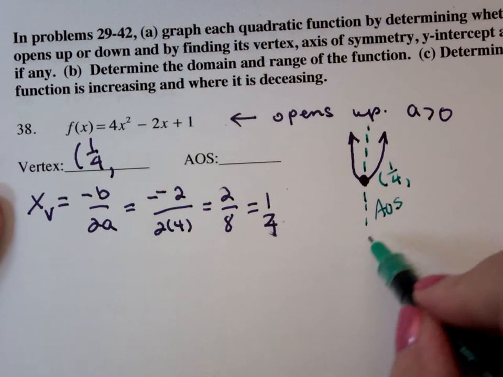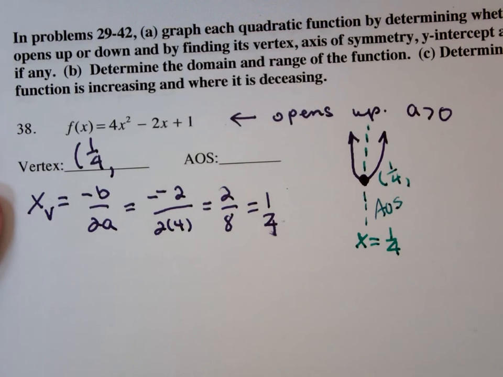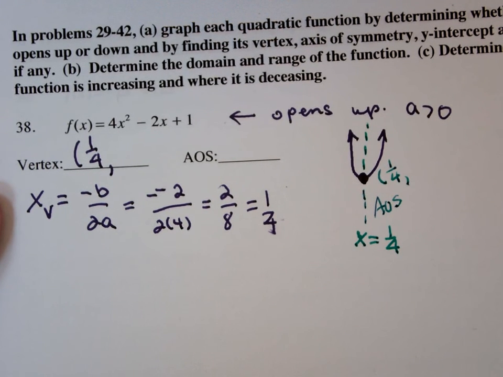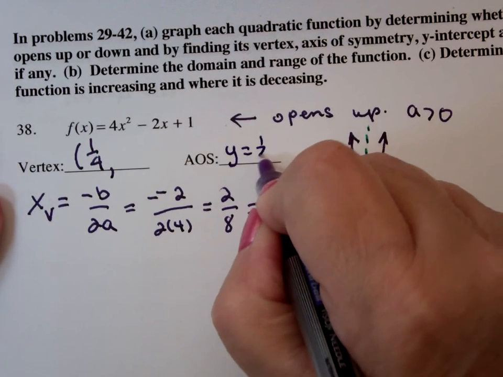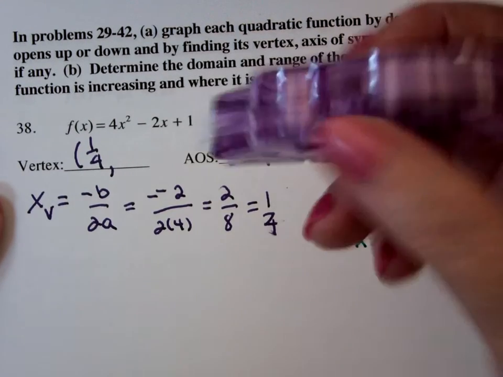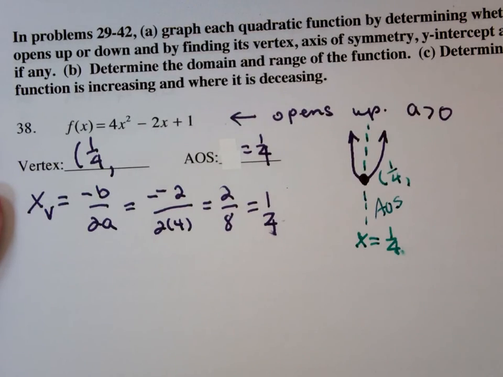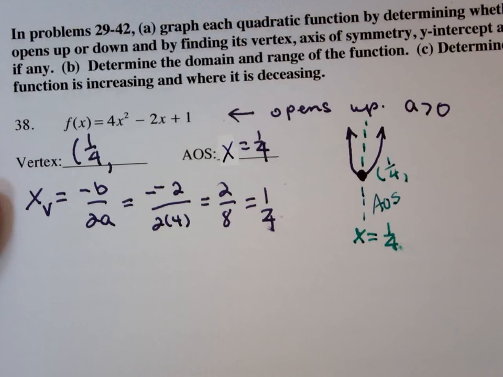That says that the axis is x equals 1/4, because a vertical line is an x equals line, and a horizontal line is a y equals line. So the axis of symmetry is x equals 1/4.